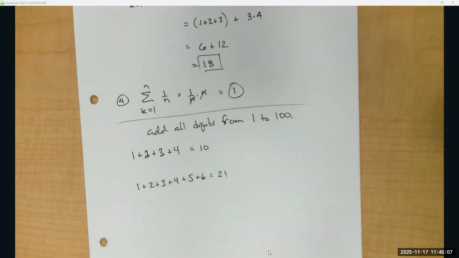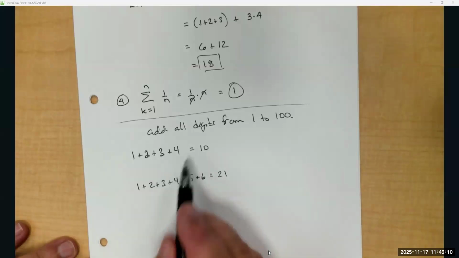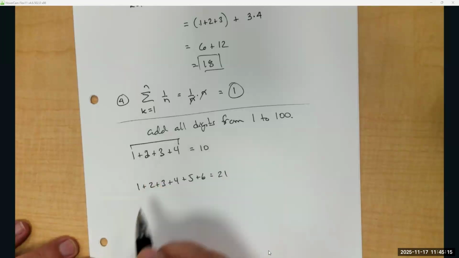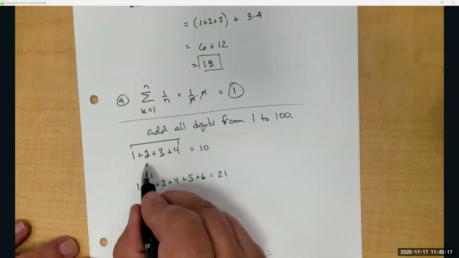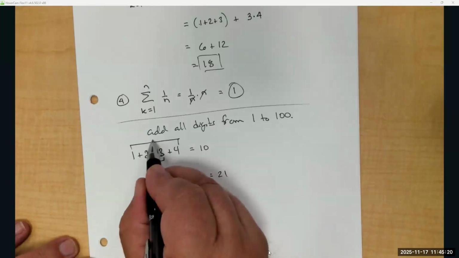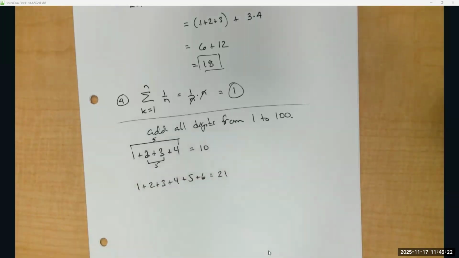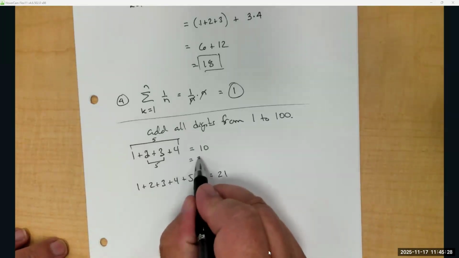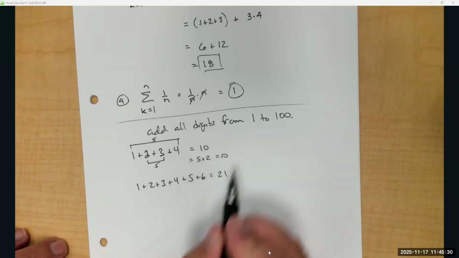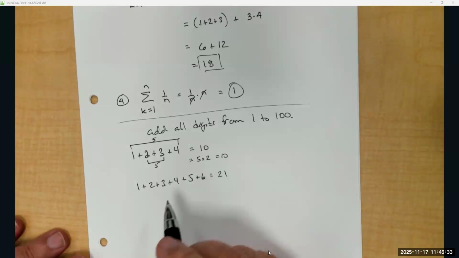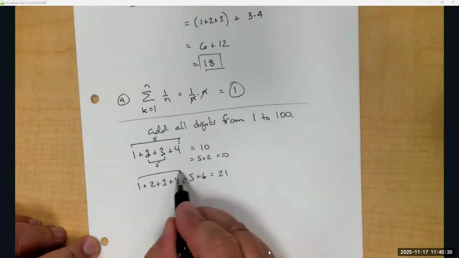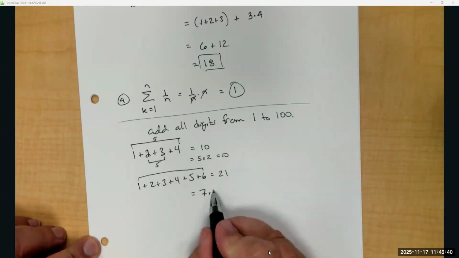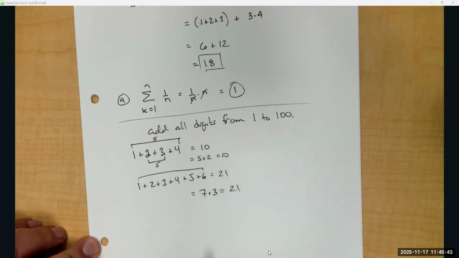He goes, yes, there is. How do we get 10 from these? If we look at the numbers, the beginning number and the end number is the same thing as the next ones. So 5 times 2 is equal to 10. Let's look at this next one. 1 plus 6, we had 7. 7 times 3 is 21.